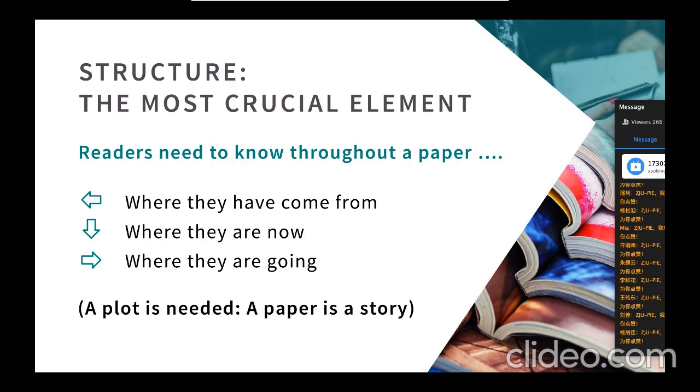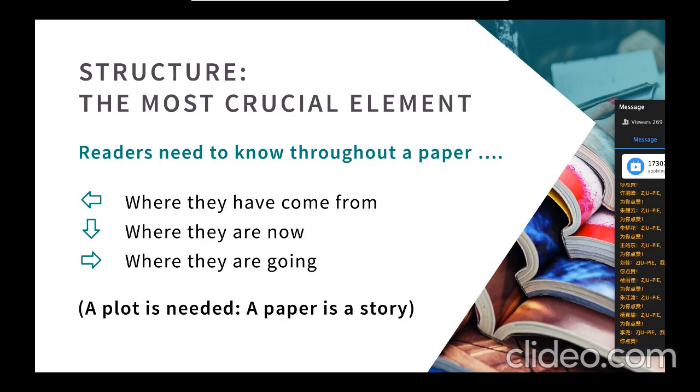So just like in a movie or reading a book, a detective story, a plot is needed. Structure is all important, and each of the different sections of an academic article have a different structure, basically speaking, and we can show you, we can teach you how to write and edit the different sections of academic articles using structure.